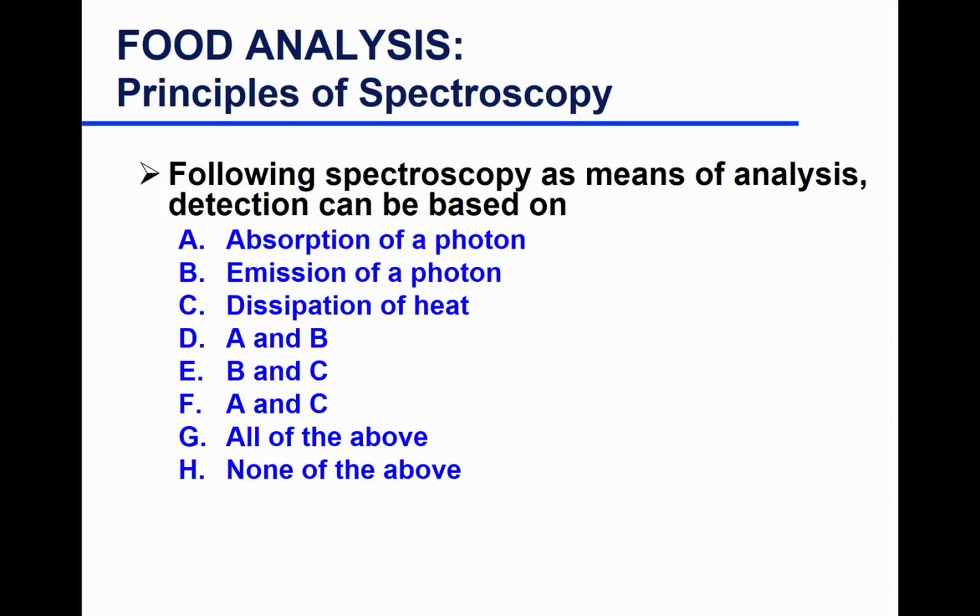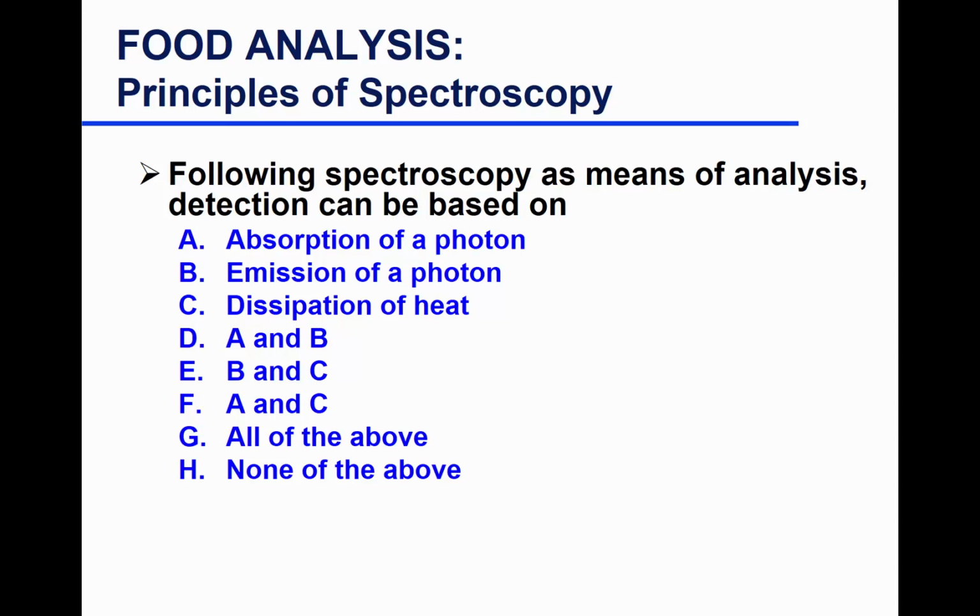Because when a molecule or an atom absorbs energy or light, it goes to an excited state. But it doesn't stay there. It just stays there for a little bit, a few seconds or less. Then it wants to go back. When it goes back, it's moving, so it dissipates some heat. But the increment of heat is too small, we cannot measure it.